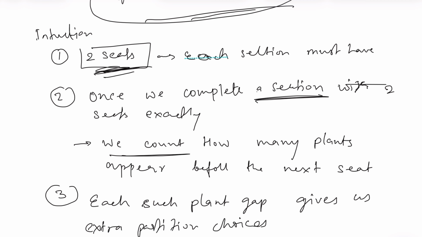After all, we multiply the choices together to find the number of ways.